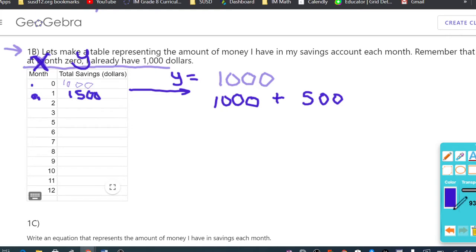$1,500. At the end of the second month, and I'm going to use the Y here, Y equals the money in my savings account, don't forget. At the end of the second month, well, I still had that $1,000, my initial amount, plus $500 times 2 months.